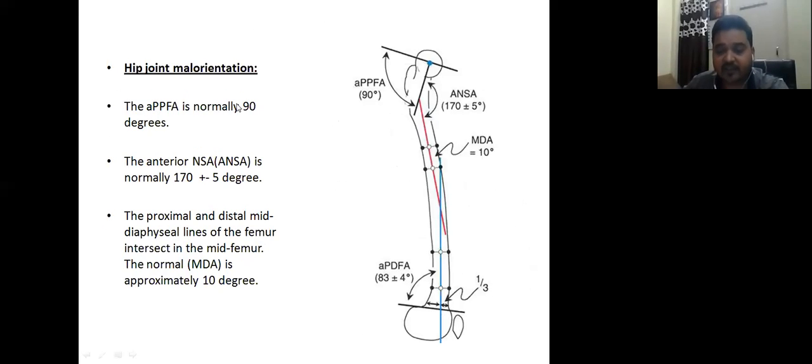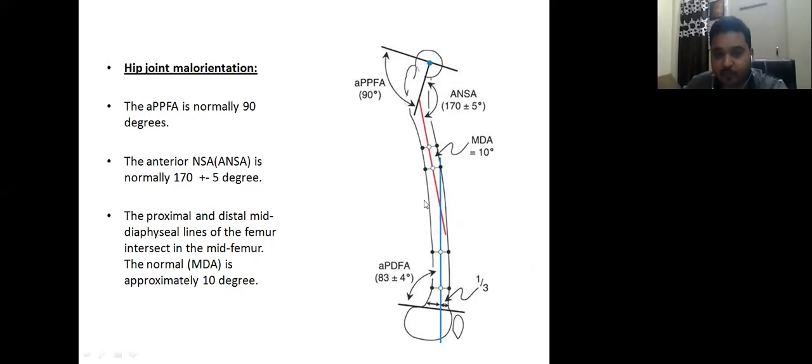Similarly, as I said earlier, for hip joint malorientation, we have to rule out whether the proximal femur is taking part in the deformity or not. The anatomical posterior proximal femoral angle is normally 90 degrees, and the anterior neck shaft angle is normally 170 degrees plus or minus 5 degrees in the sagittal plane.